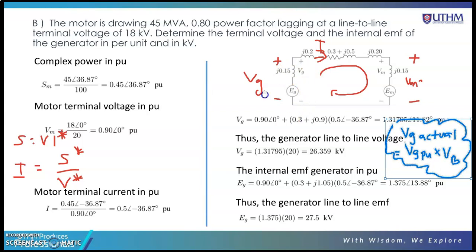So you just solve this KVL, or you can solve the complete loop. Eg equal to Vm plus I times this total Z, this one, this one, this one, and this one. So you can determine Eg. From Eg in per unit, you can convert to the actual value.